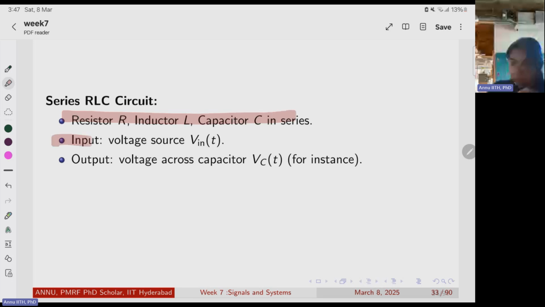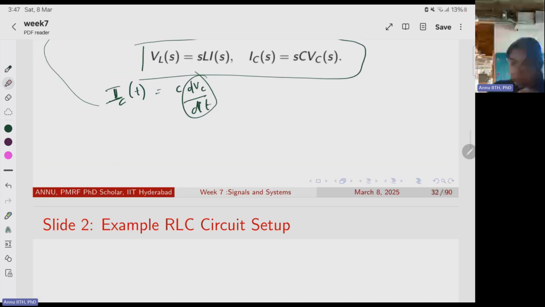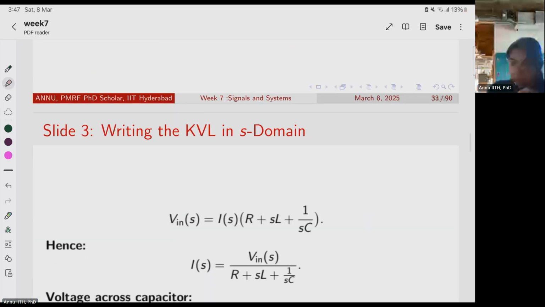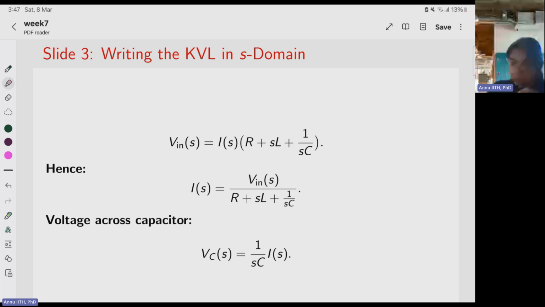So in the series RLC circuit, we have the input voltage, resistor, and output voltage V_C. If we write the KVL in the S domain, the input voltage is V. So we can write I(S) is equal to V, the input voltage, divided by R plus SL plus 1 upon SC.